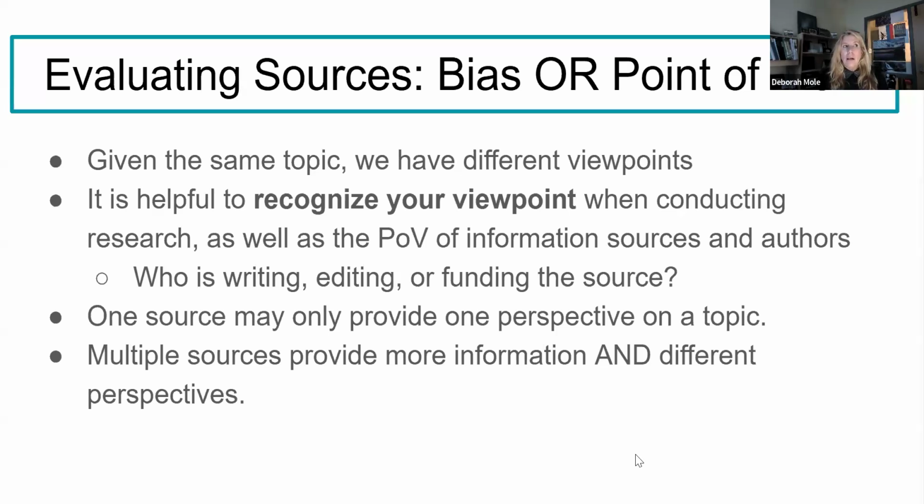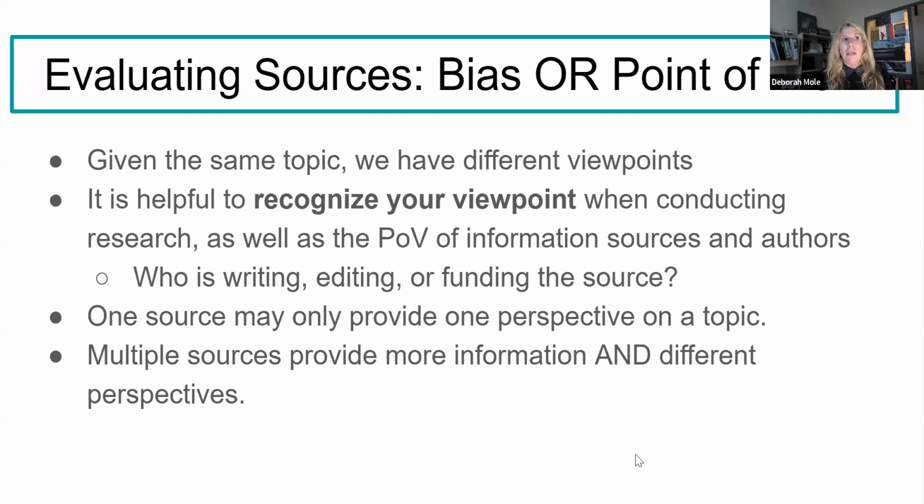Another aspect I want to talk about, though, is bias or point of view. Given the same topic, we have different viewpoints. So it is helpful for us to recognize our viewpoints when conducting research, as well as the point of view of information sources and authors.